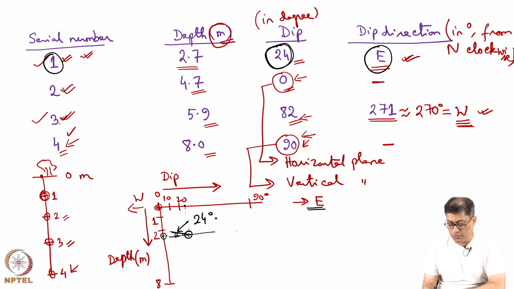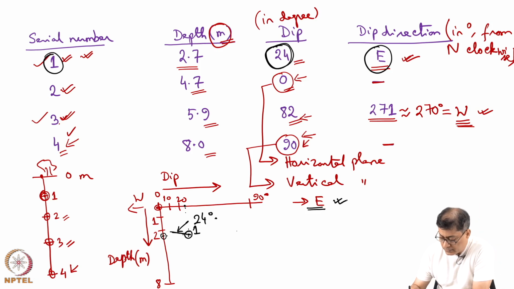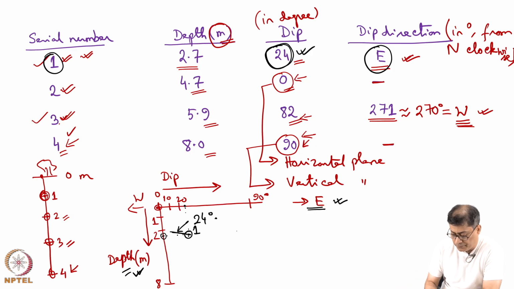Once this has been drawn, I have to delete the horizontal line. In this way, point 1 has been plotted and I will write here plot number 1. So, in the tadpole diagram, we have taken care of the dip direction, the depth and also the dip amount.